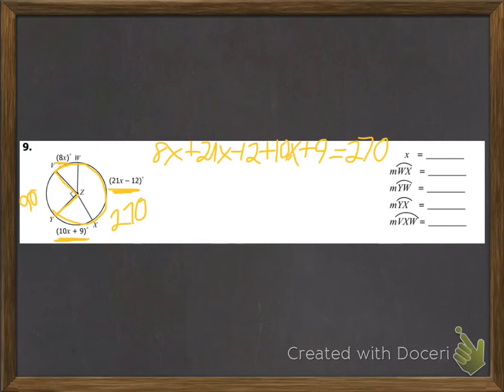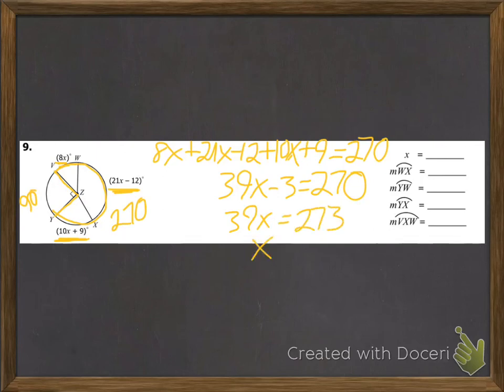Combine all of your like terms and you're going to end up getting 39x minus 3. That's going to be equal to 270. So keep going, you're going to get 39x equals 273. And then divide both sides by 39. You're going to get x is equal to 7. So put that right there.